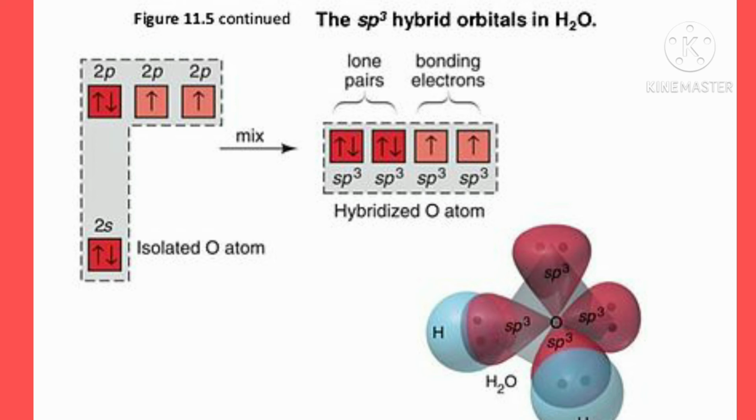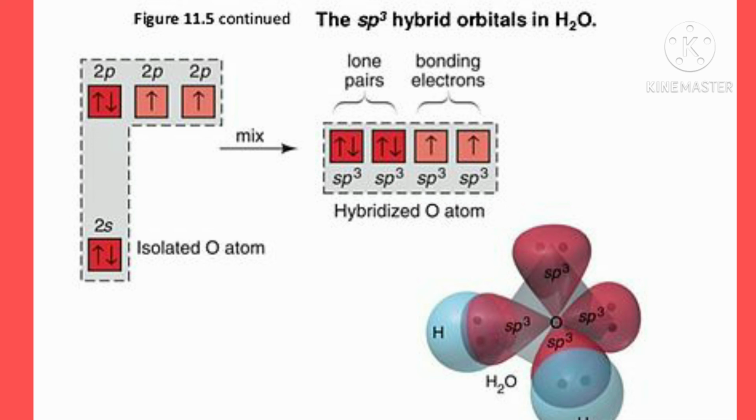So here also, for the same reason, we can say that the presence of the 2 lone pairs, which occupy more space around the central atom oxygen, causes a slight difference in the bond angle of water.